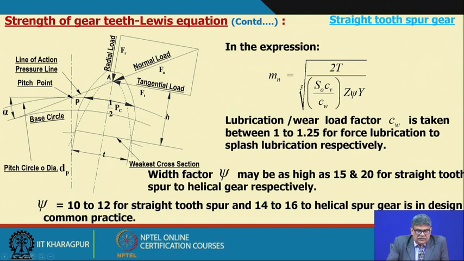So, in general it is followed that 10 to 12 for straight tooth spur gear and 14 to 16 for helical spur gear in common design practice. This is the recommended range, and these are used in practice.